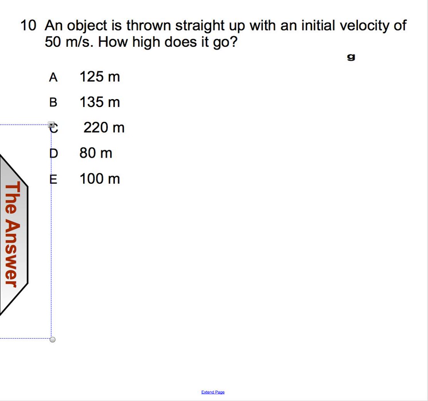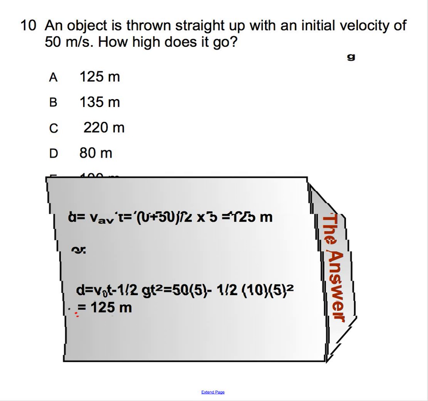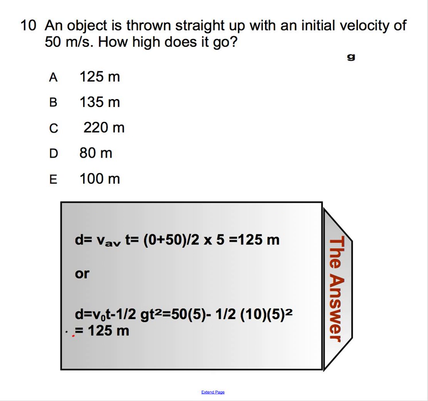How high does it go? Stop the tape and see if you can answer that question. So we're going to use two ways to do it, right? One is we're going to say the average velocity when it goes from here to here.